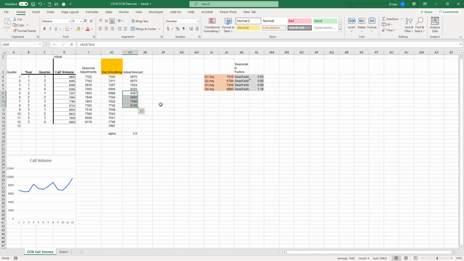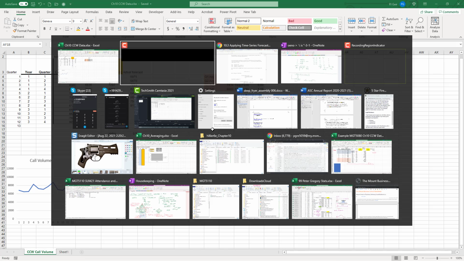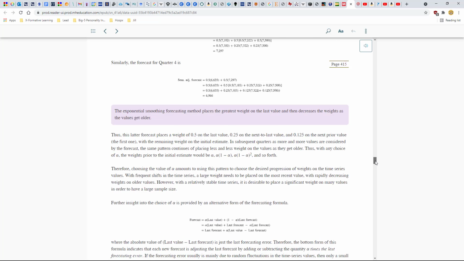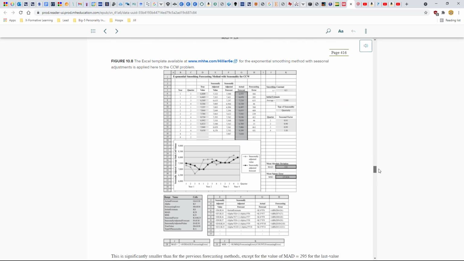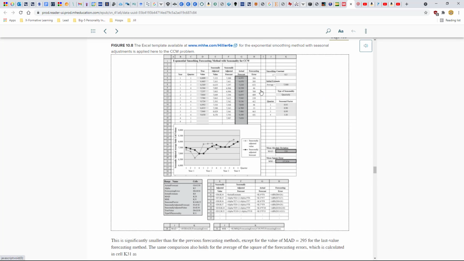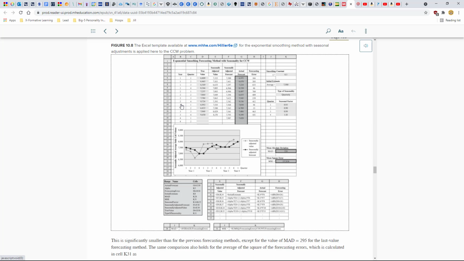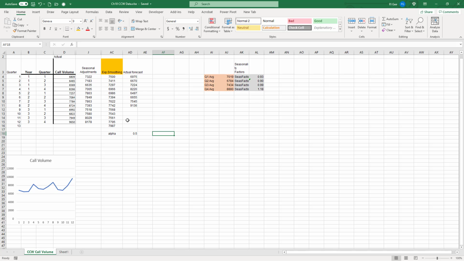Before I go too far, I just want to double check that we're on the right track with the book. Let's take a look at this. 6975, yeah, looks good. And Q4 of year 2, 9136. I just wanted to make sure that everything was tracking well.